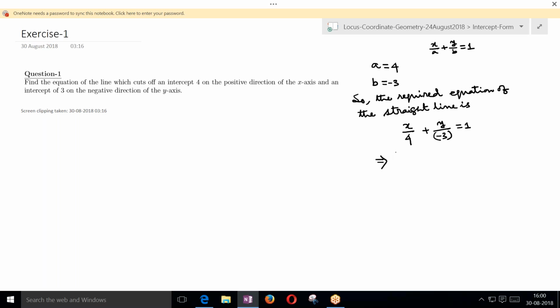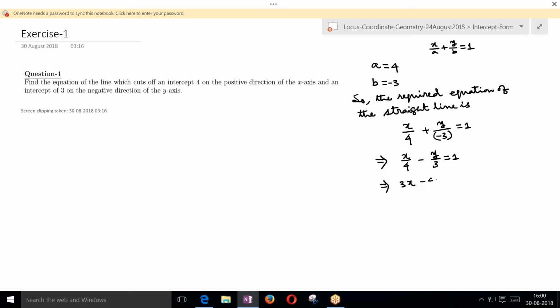Now let's simplify it. So that means x by 4 minus y by 3 is equal to 1. So this implies 3x minus 4y minus 12 is equal to 0. So this is the equation of the required straight line, what we wanted to find.